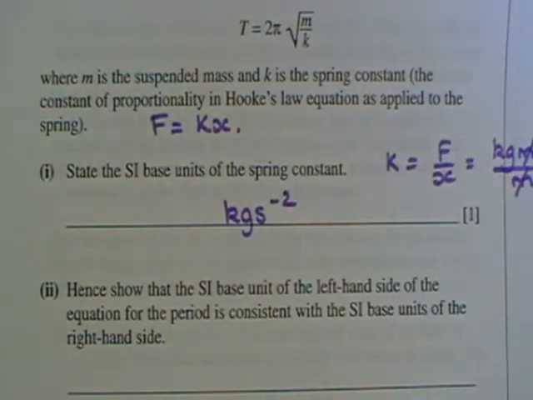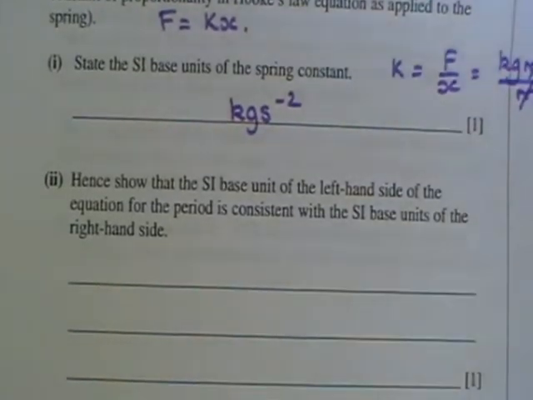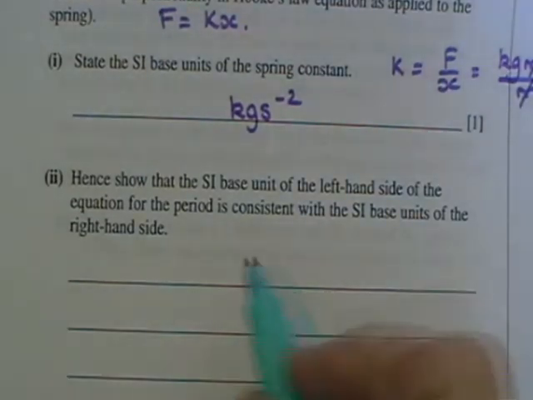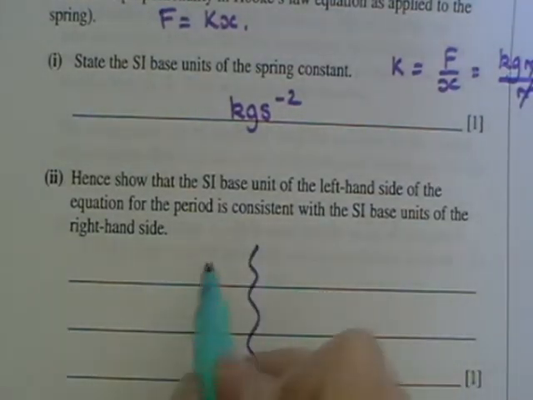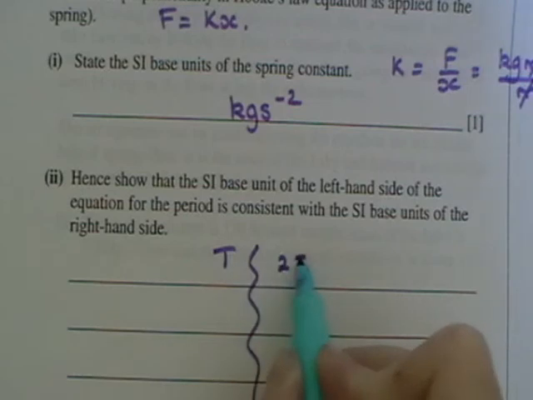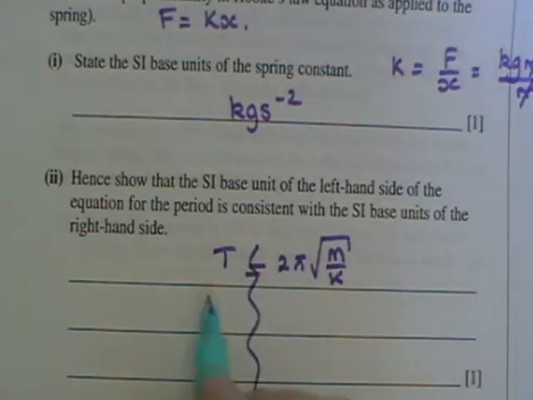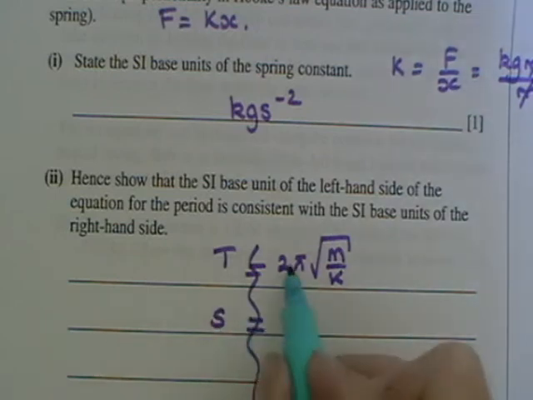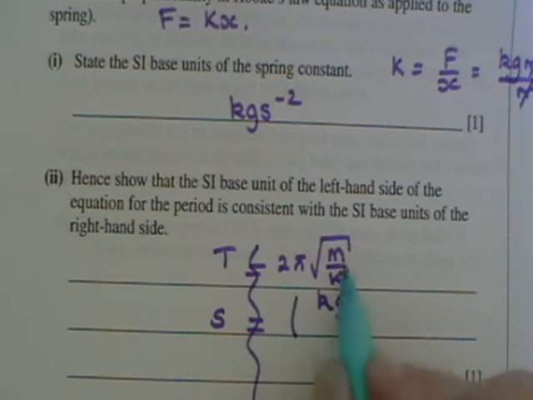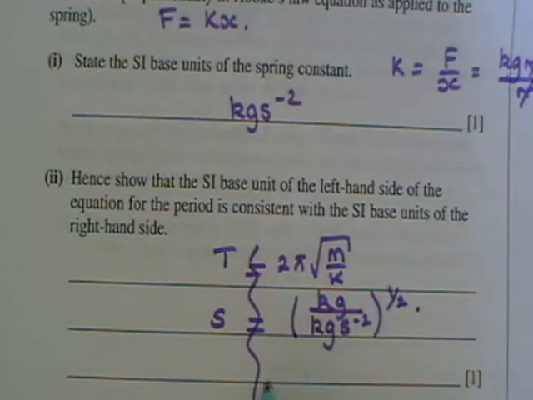Hence show that the SI unit on the left hand side of the equation for the period is consistent with the SI base units on the right hand side. So if I write T = 2π√(m/k), T is in seconds, 2π hasn't got units, so we're talking about mass, which is in kilograms, over k, which we just worked out to be kg s^-2, and that's all to the power of a half.